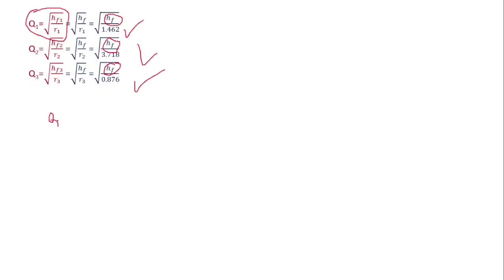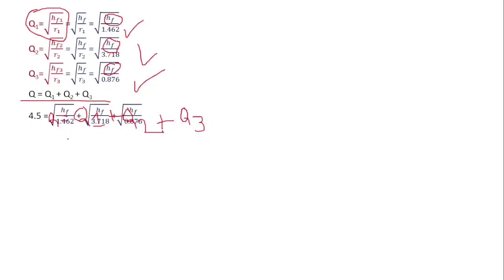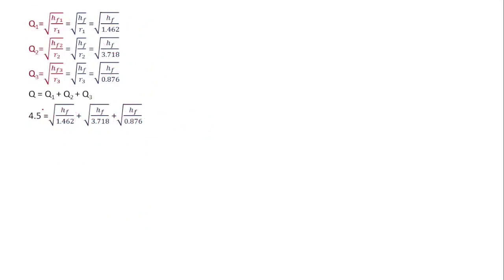So another equation is Q is Q1 plus Q2 plus Q3, because discharge is divided into all three pipes. So the value of Q is 4.5 given in question.